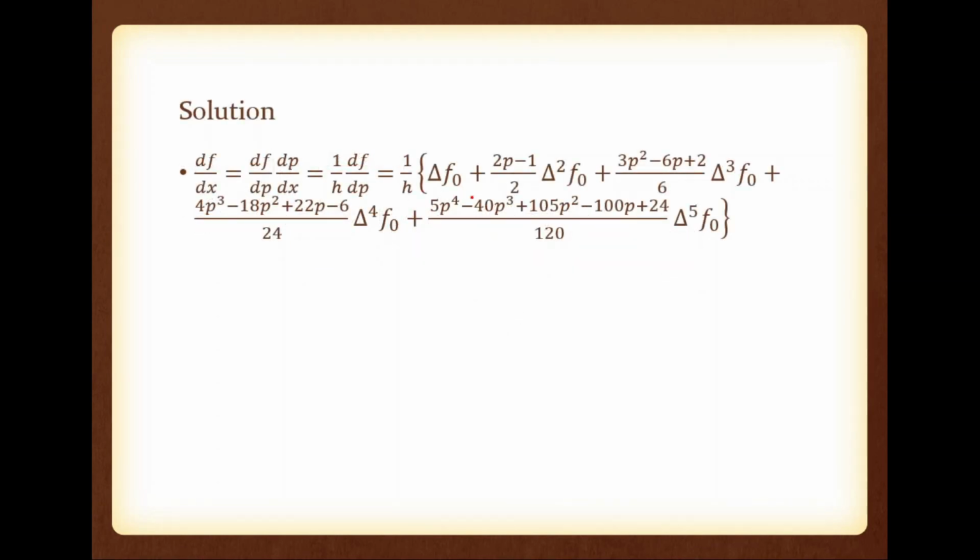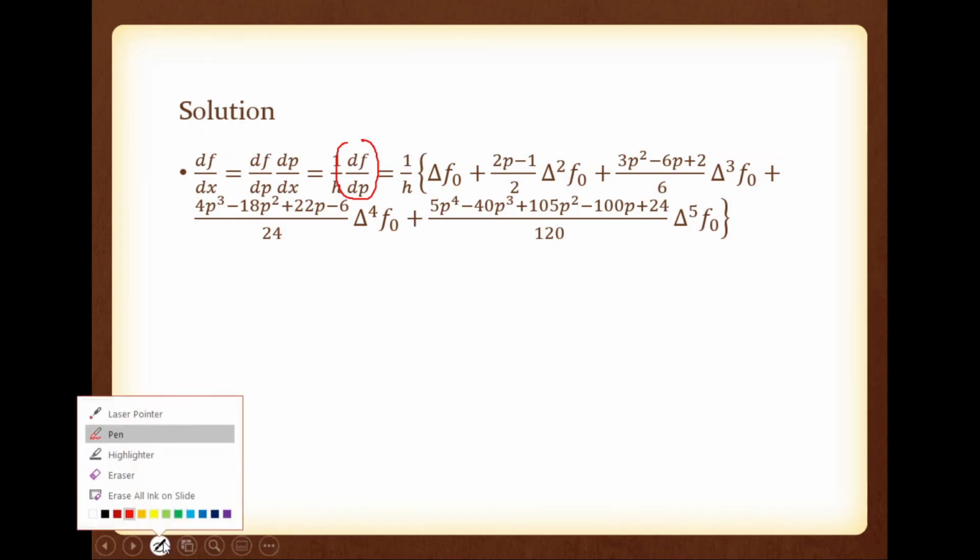So please note this is df by dx, that general equation that we already derived. Now by using this df by dx, we are going to derive d square f by dx square. Please note the expression written inside the curly bracket is nothing but df by dp. We require that for the next derivation. So what is d square f by dx square?